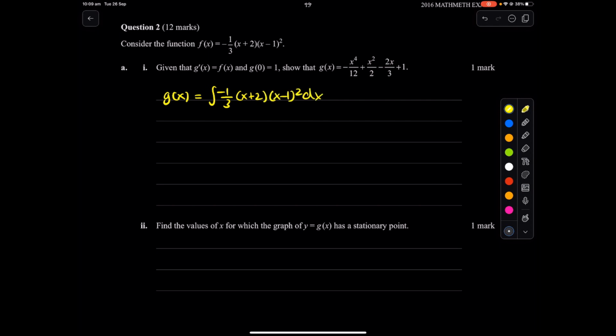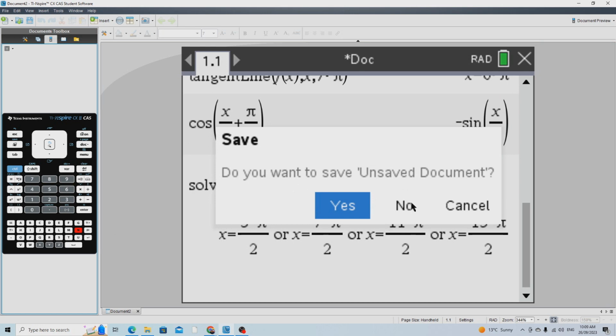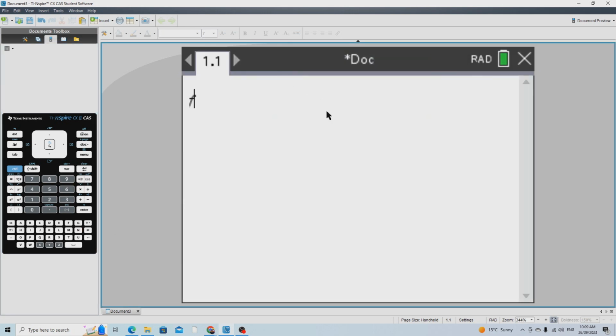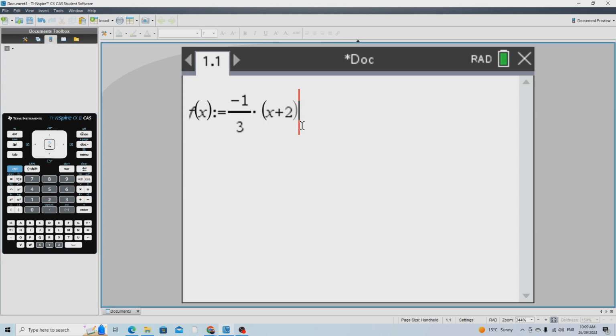We'll just show some working out. Let's define f of x as negative 1 over 3 times x plus 2, times x minus 1, all squared.